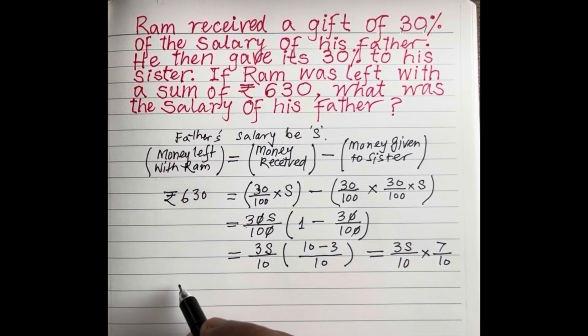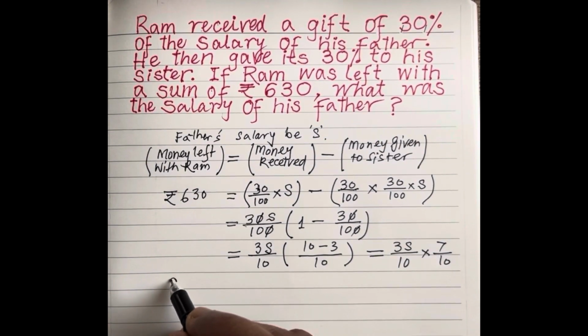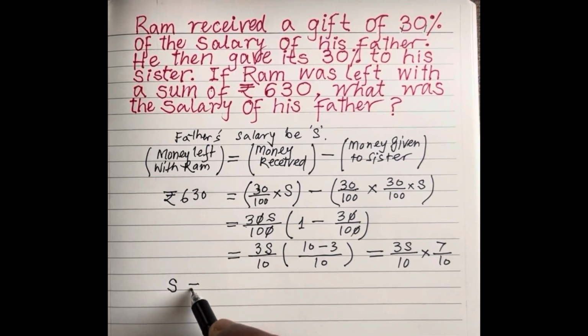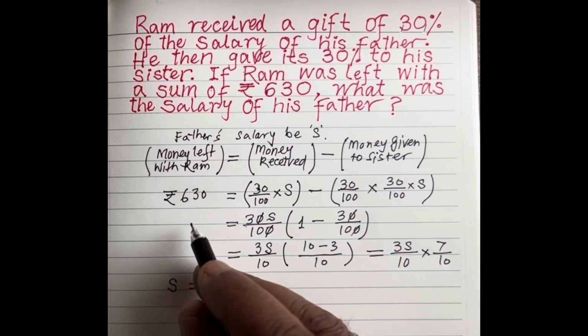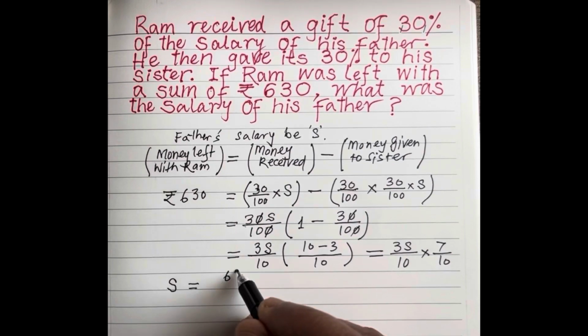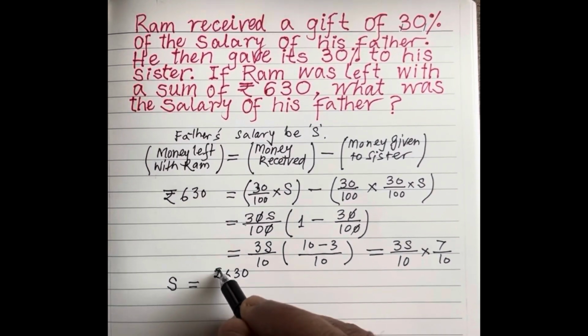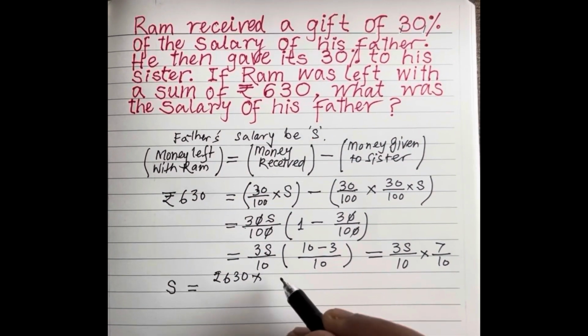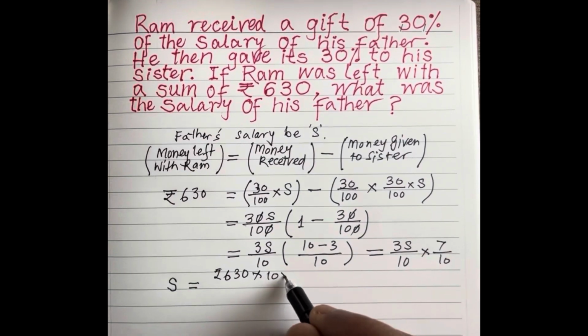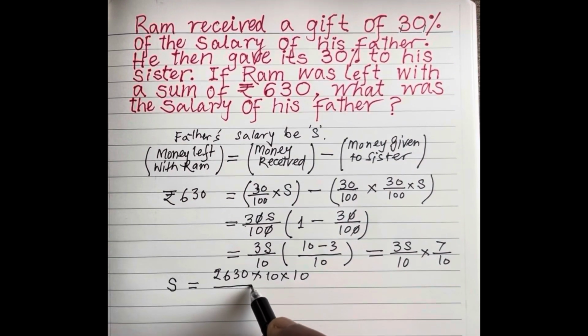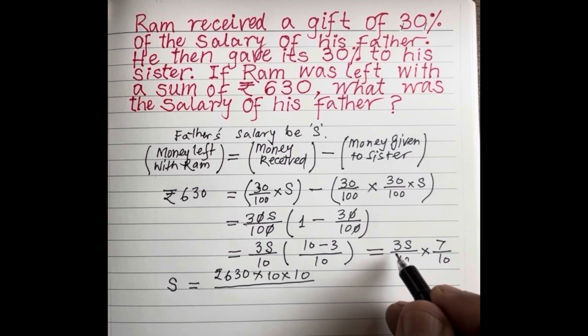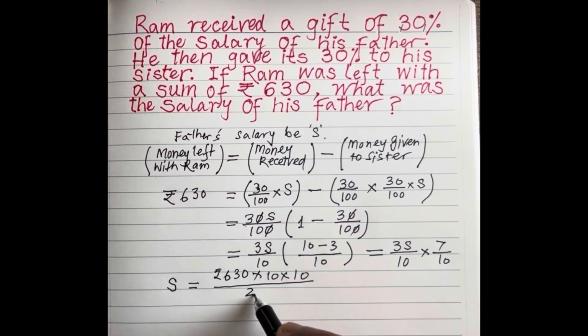From this we can calculate father's salary S. So S will be 630 rupees multiplied by 10 into 10 and divided by 3 into 7, which is 21.